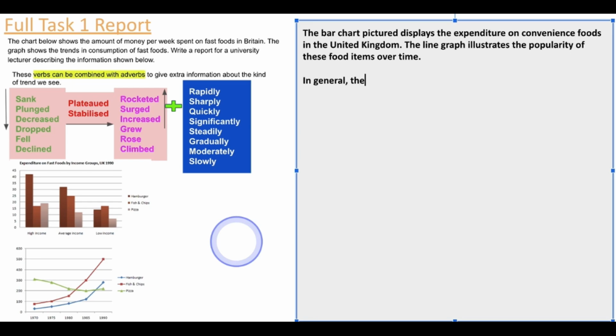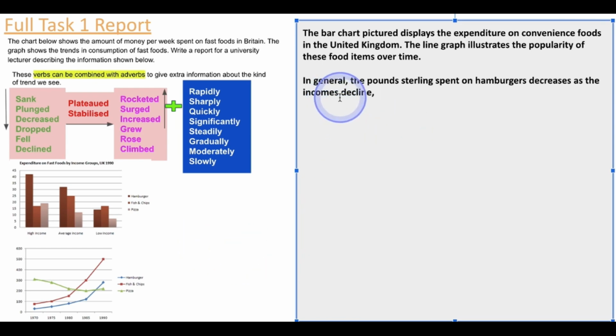In general, maybe pound sterling, that's the currency in the UK, spent on hamburgers decreases as incomes decline, even though we've used popularity, the interest in this food heightens over time.